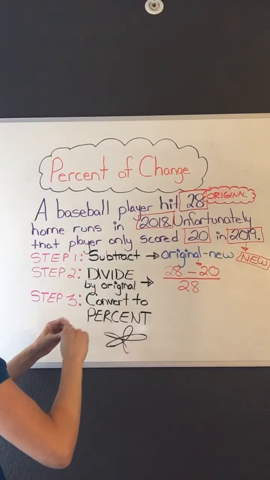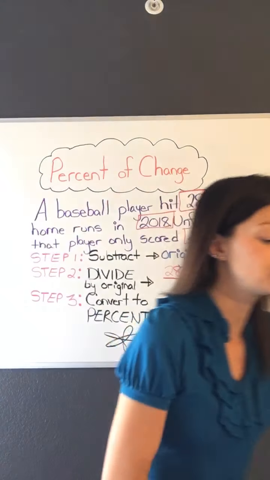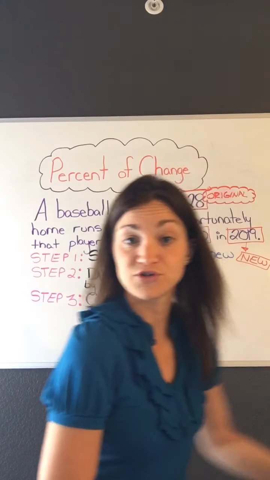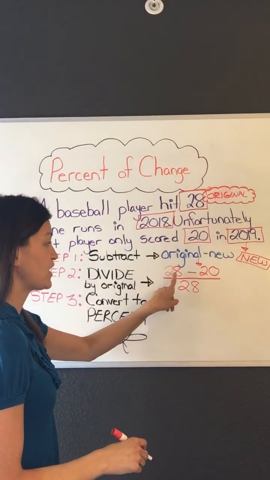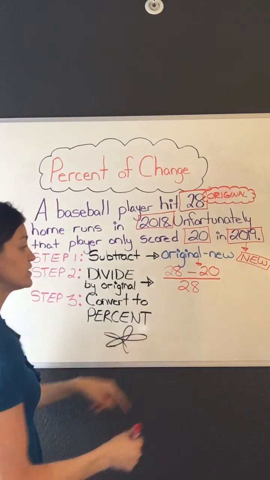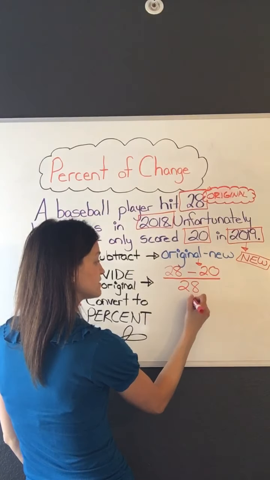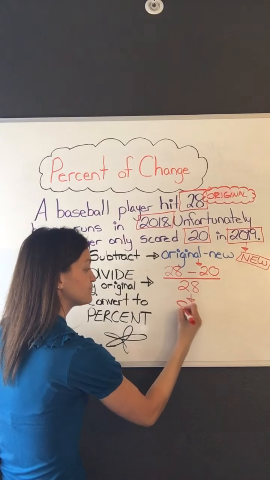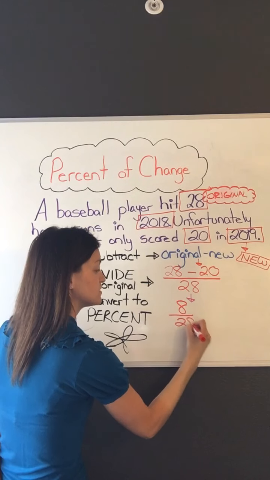So this next one says convert to a percent. We didn't actually do the calculation yet, okay? So I'm going to now switch over and do that in the red marker. So we are subtracting, step 1. Step 2, we are dividing. So here we have 8, okay? This becomes 8 over 28.